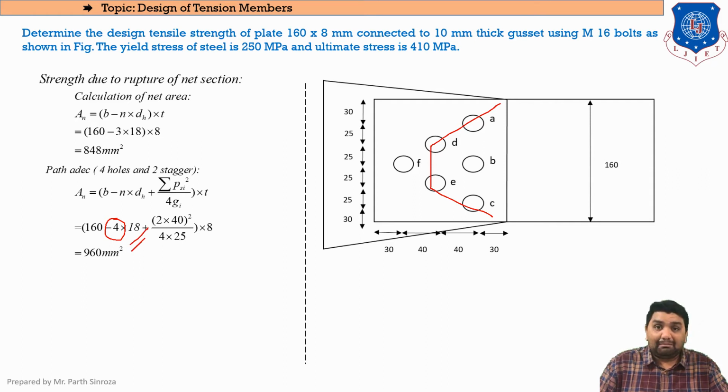So it will be deducting minus 4 into 18. And now we'll be looking at PSI, that is our pitch, and pitch is already given in the question as 40. So how many times are we shifting our pitch, or how many times are we shifting our section? Clear? So that will be our answer. So here as you can see, we have started from point A.